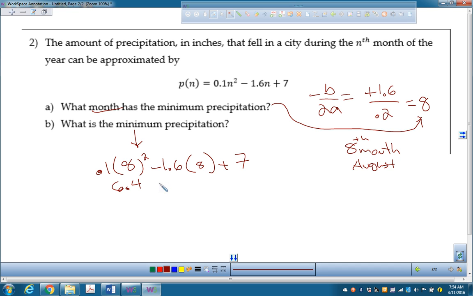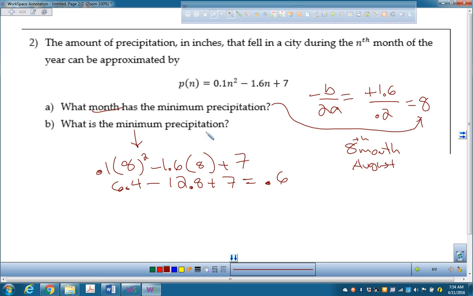This is negative, let's see, 3.2, 6.4, 12.8, is that right? 12.8? Yep. And this is plus 7. And then you just put those together. Negative 12.8 plus 7 makes negative 6.4? Wait, what happened? Yeah, negative 6.4 plus 7 makes positive 0.6.